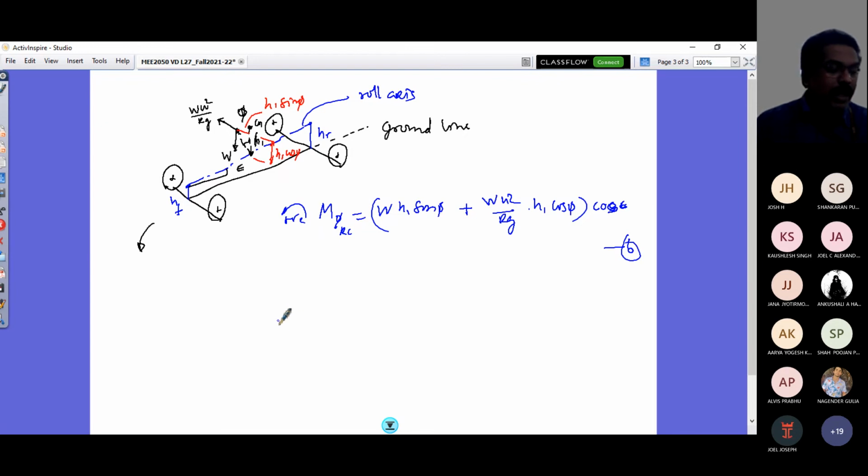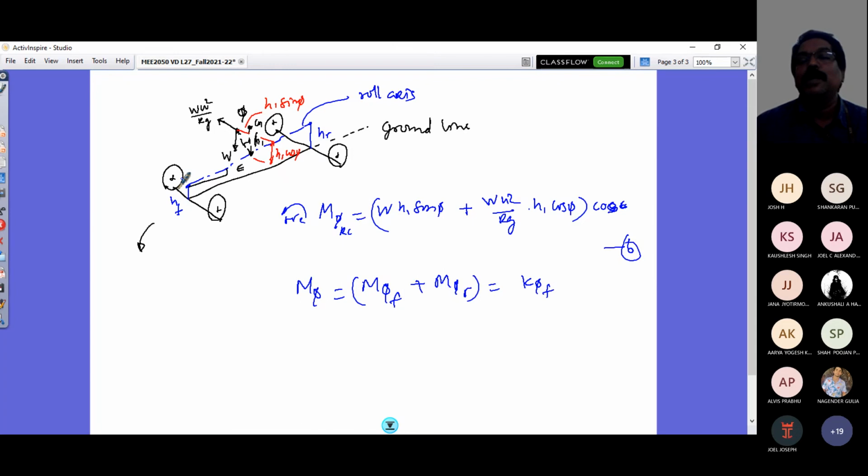But this roll moment M phi would be equal to M phi F, the front axle roll distribution, plus M phi R, and that would be equal to K phi F, the roll stiffness of my front suspension, into phi, plus K phi R into phi.